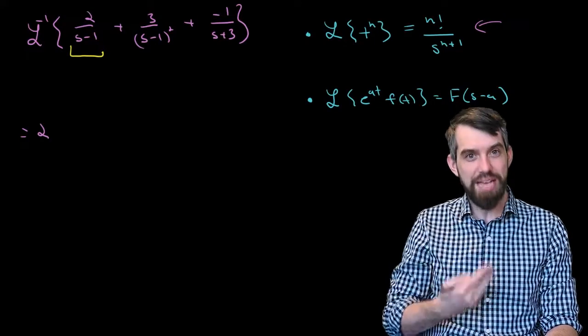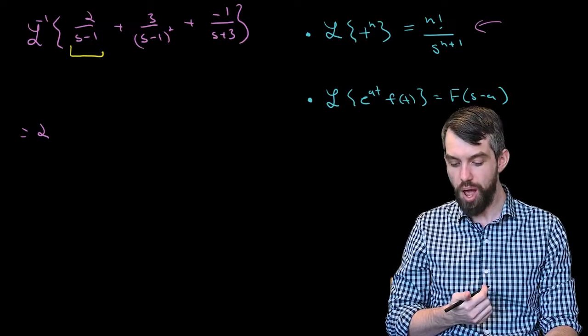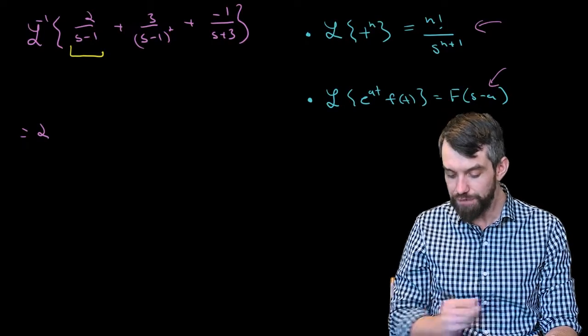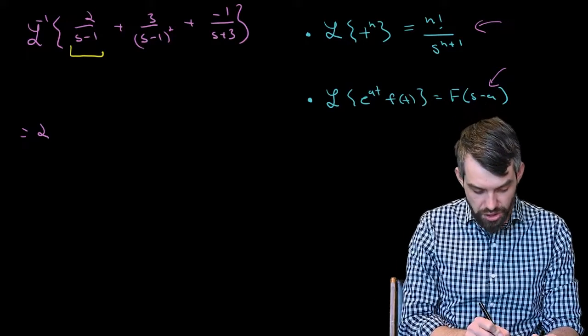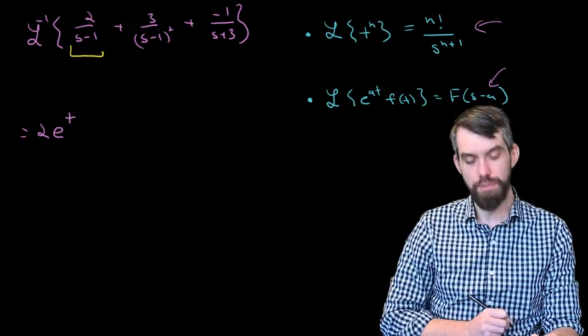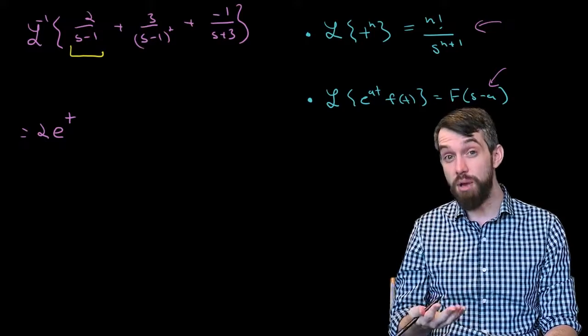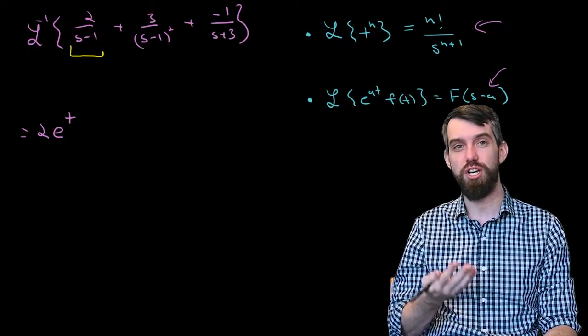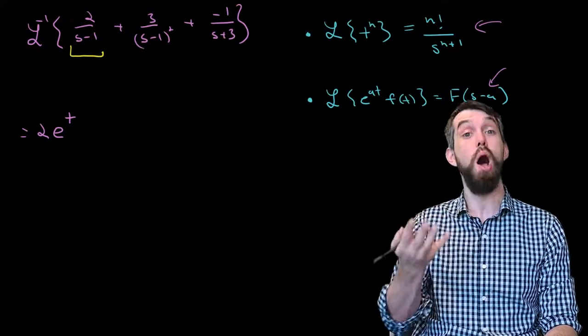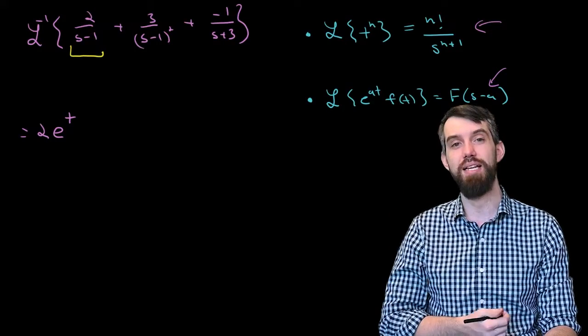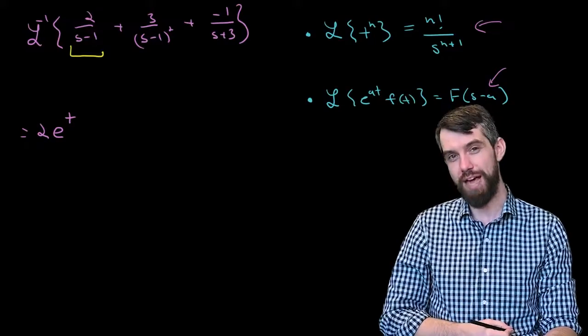But it's not 1 divided by s alone, it's 1 divided by s minus 1, which happens when you have a shift down here and you have a equal to 1. So putting those two facts together, this is just going to be e to the t. Indeed, one of our very first examples of computing the Laplace transform was just e to the at. And we saw that the Laplace transform of e to the at was 1 over s minus a. So that's indeed exactly compatible even if you wanted to skip these two facts.